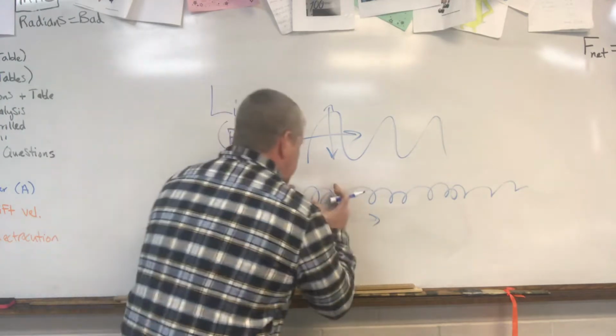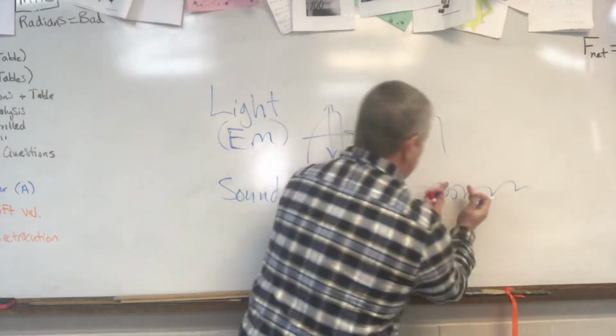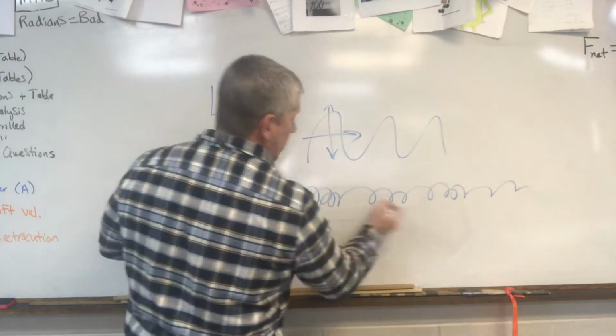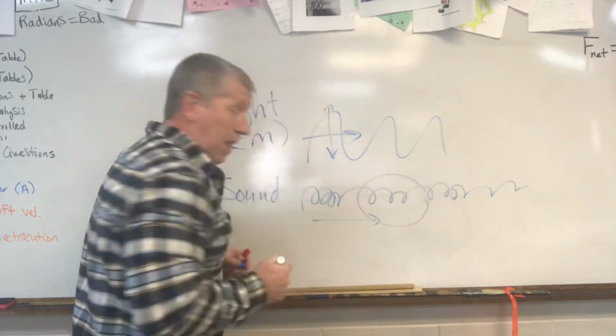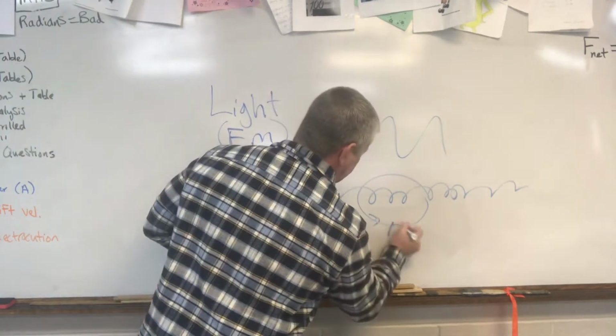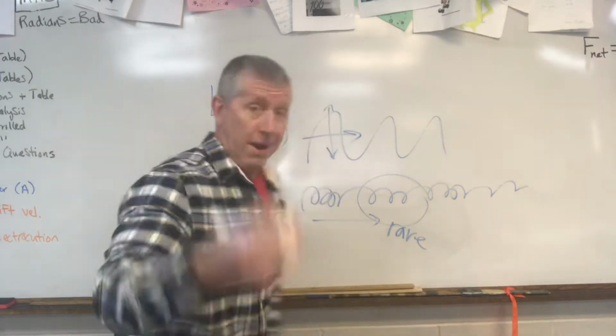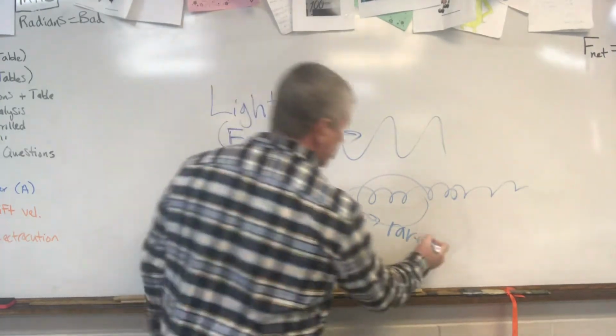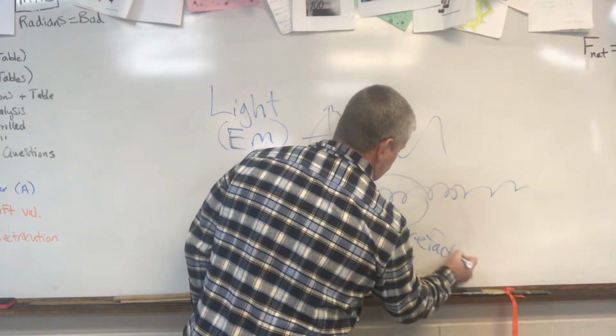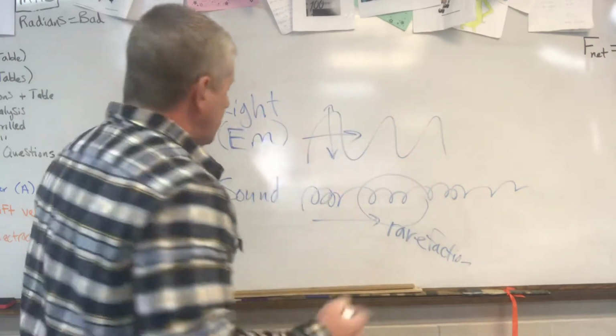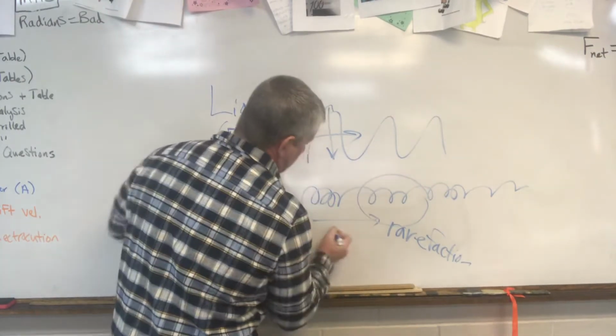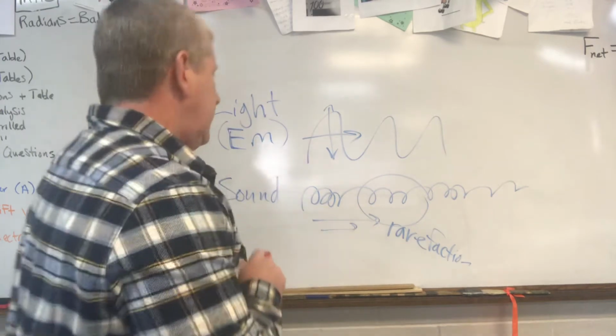You get these areas of compression and stretch. And this area here, the stretch part, is called the rarefaction. I'll spell that for you. It's rare and faction, hence rarefaction. And so the direction of motion is in the same direction as the energy burst.